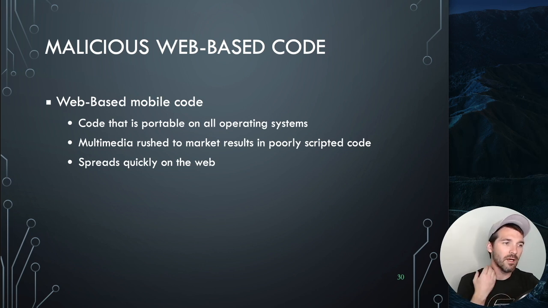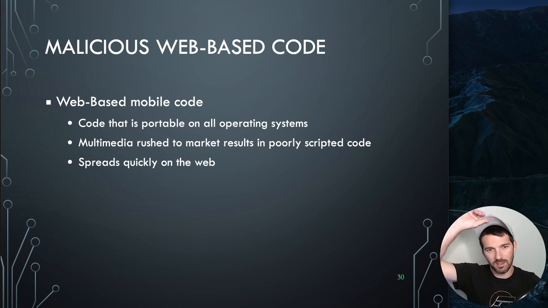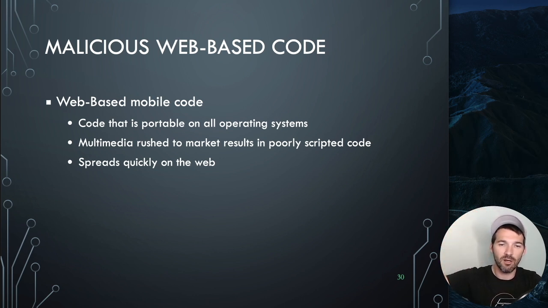The problem is Flash had all sorts of security issues, and people were writing poor code because they're being told, we need to get to market soon. You have 2 weeks to develop this software, and it's got to do X, Y, and Z. X, Y, and Z is all functionality, but A, B, and C are security things, and you don't have time to do A, B, and C because you're being paid and directed to do X, Y, and Z. So you end up having a lot of buggy software, and it's no good.